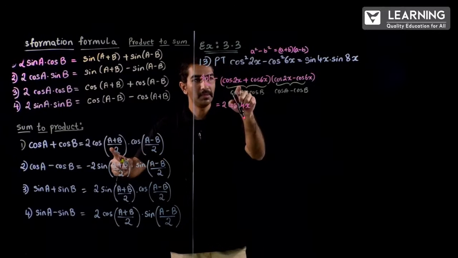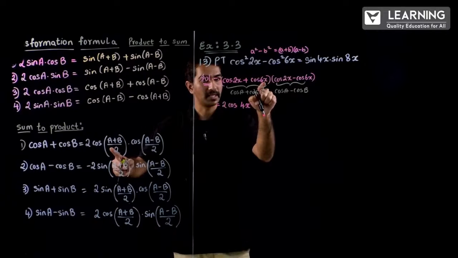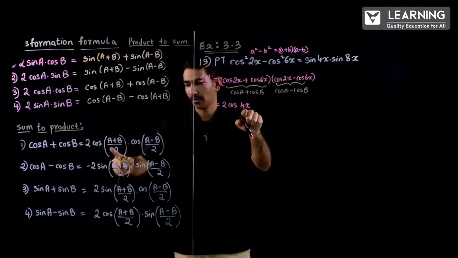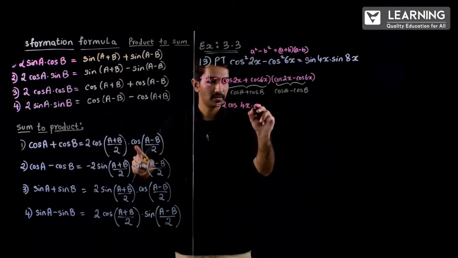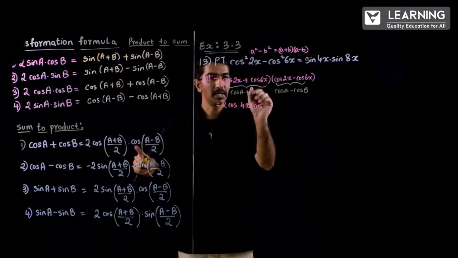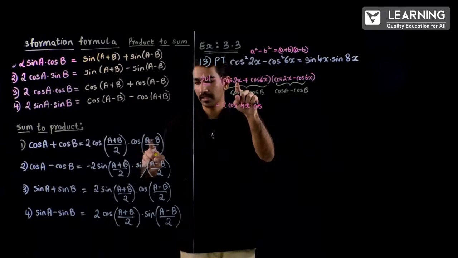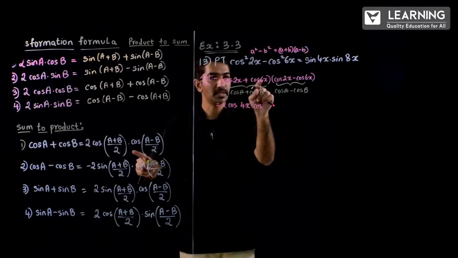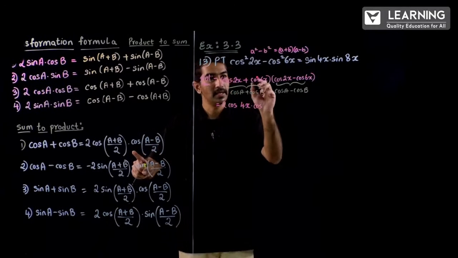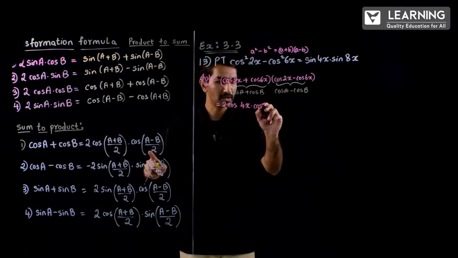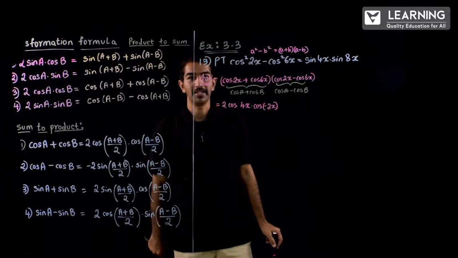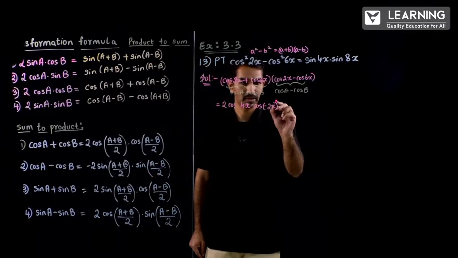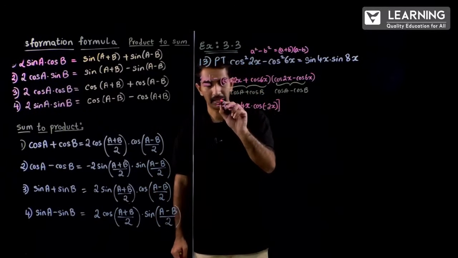So a plus b by 2, 2x plus 6x, 8x, 8x by 2, 4x. Dot cos a minus b by 2, a is 2x, b is 6x. 2x minus 6x, minus 4x. Minus 4x divided by 2, minus 2x. Understanding? We wrote that as it is, so we will write this inside the bracket.